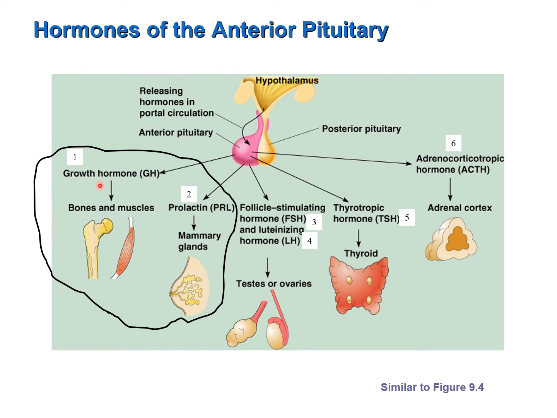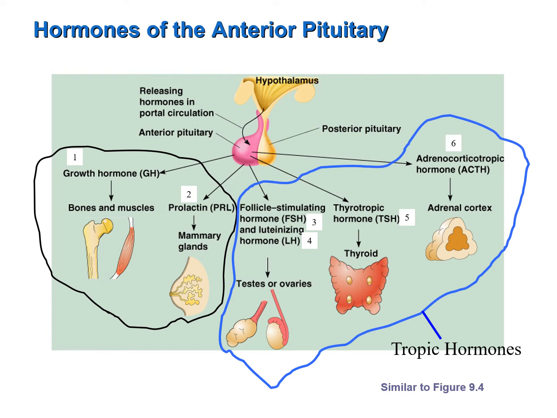Notice that growth hormone and prolactin target non-endocrine organs. That is, these target organs do not themselves produce hormones. The other 4 hormones are tropic hormones. They target endocrine organs or tissues that themselves produce hormones.